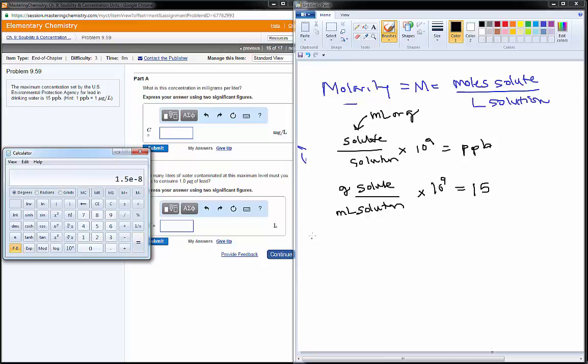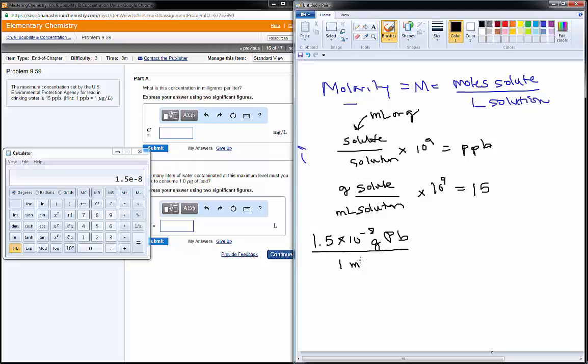So what I have here, say 1.5 times 10 to the minus 8th grams of, in this case, lead in every 1 milliliter of solution or water. They want that in milligrams per liter, so 1 gram is 1,000 milligrams.